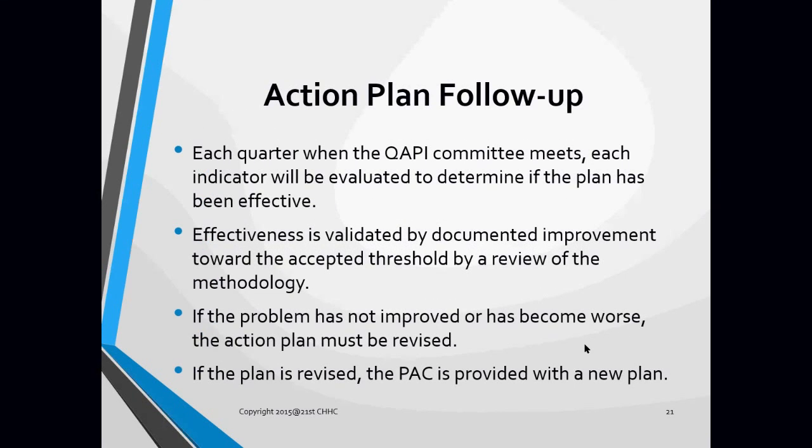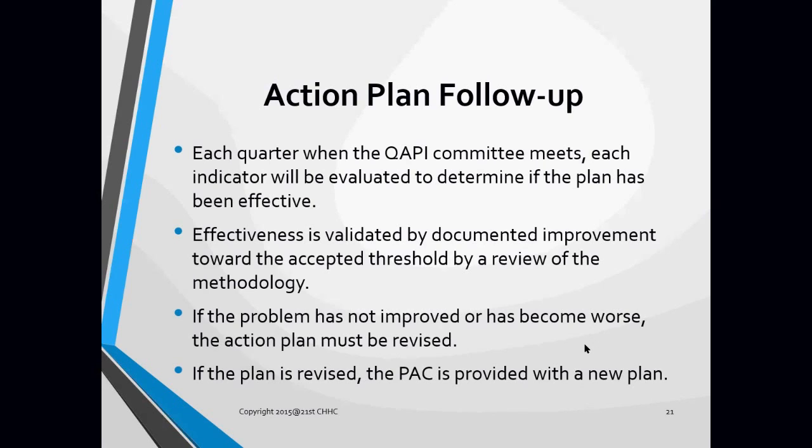Again, when you're picking and developing those plans, make sure they're reasonable and something that you can follow. If you develop a plan that you're not going to be able to meet, it's going to be frustrating for you, and you're constantly going to be revising action plans to meet an unreasonable threshold.